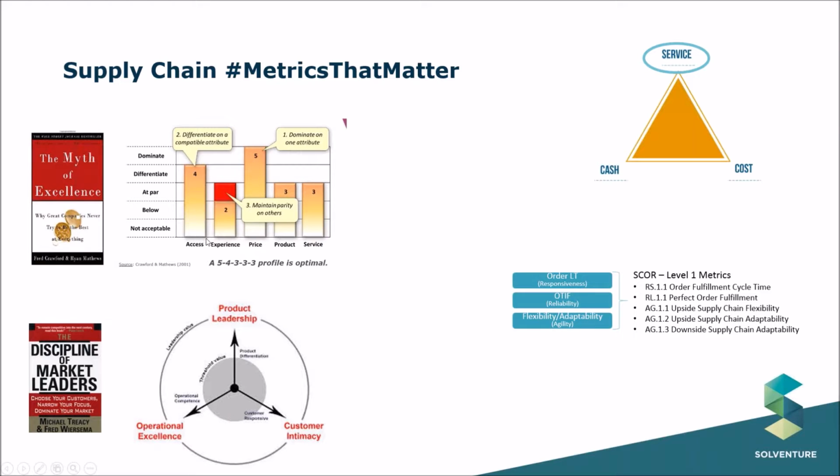And they say, if you analyze value propositions of companies, it's typically based on 5 dimensions: access, experience, price, product, service. What do we recognize here? Well, product, sometimes customers buy from me simply because I have the best product. That ties into product leadership.